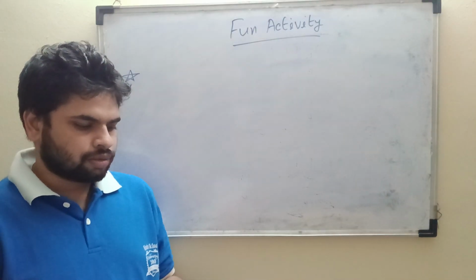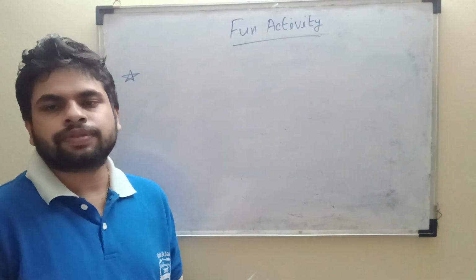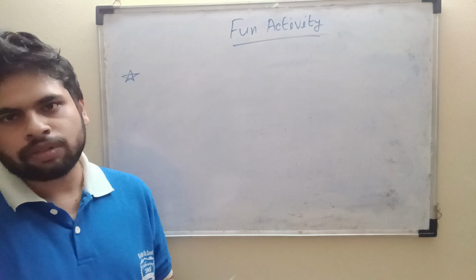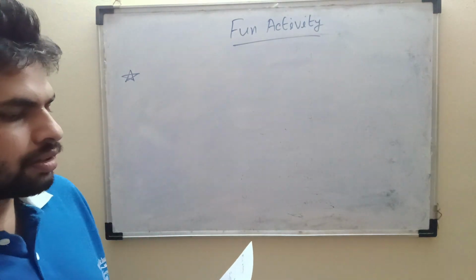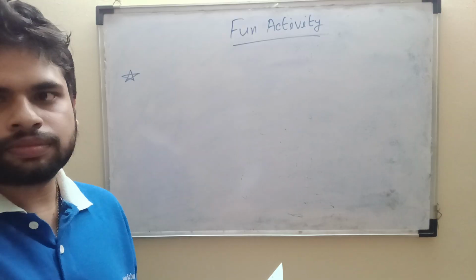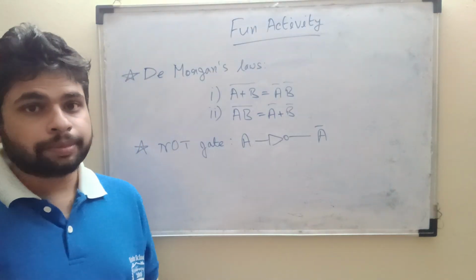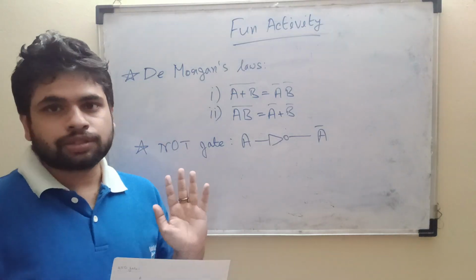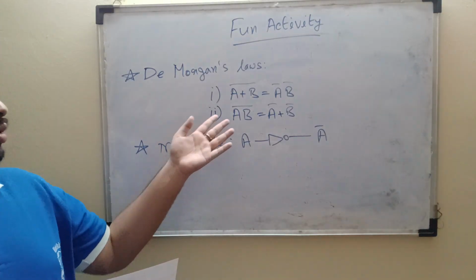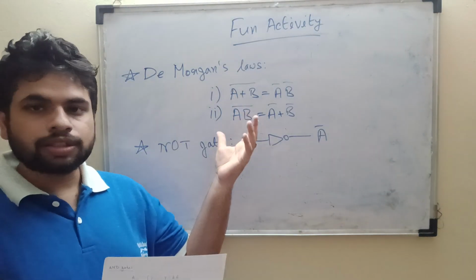Okay, so based on two types of rules, we will follow the whole class today. These are the basic rules. Both rules are called the De Morgan laws.